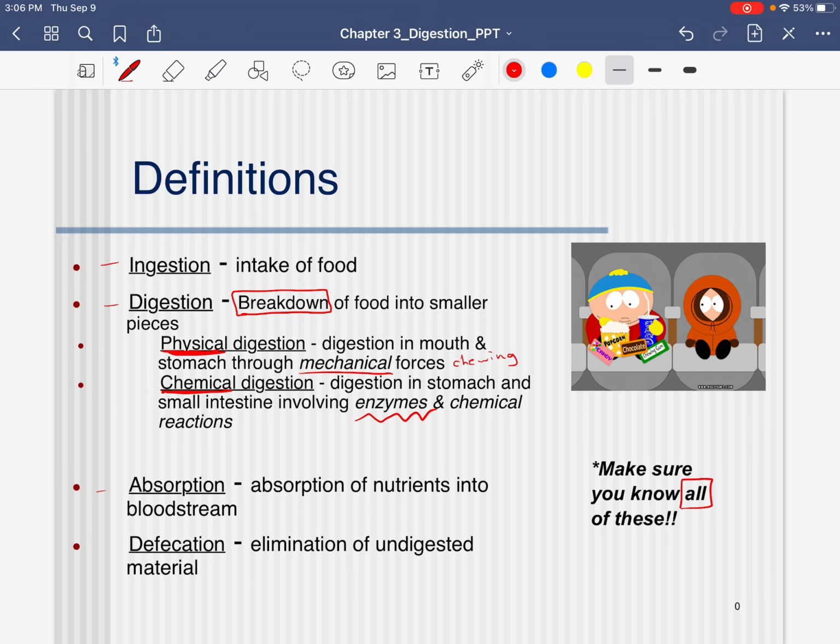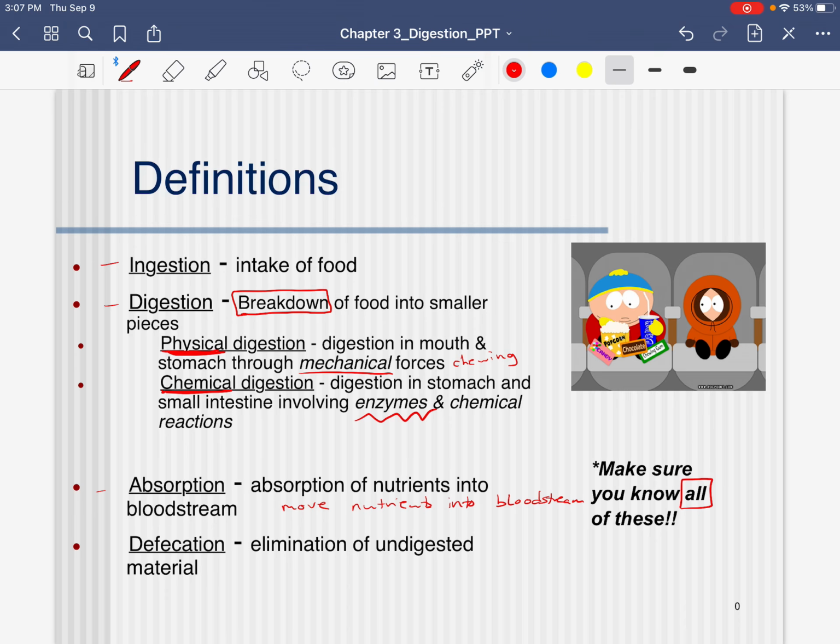Absorption, the way that may be helpful for you to learn this is to move nutrients into the bloodstream. And that's the important part, folks. Because with the bloodstream, now we have a network of blood vessels to take these nutrients all over the body.